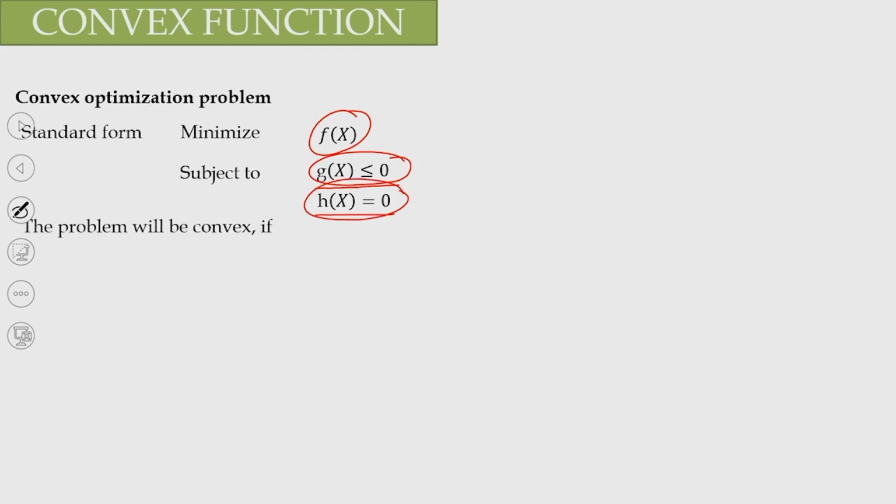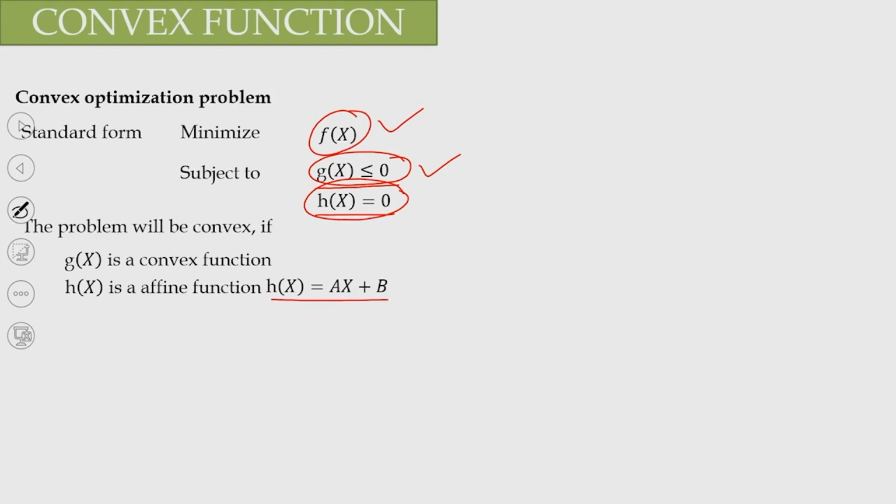The problem will be convex if the function f(x) is convex and g(x) is also convex and h(x) is an affine function. That means, h(x) is linear, that is h(x) equals ax plus b. Now, suppose h(x) is not linear.